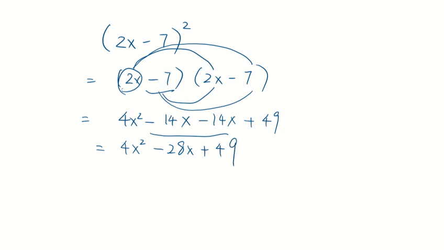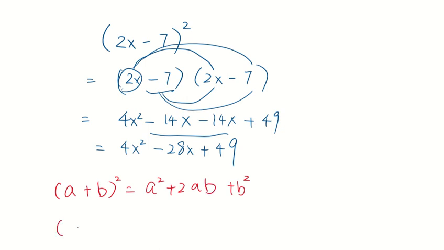We actually have a formula for this. Actually, we have 2 formulas. The first formula is a plus b squared is equal to a squared plus b squared, and in the middle, there's a term plus 2 times a times b.